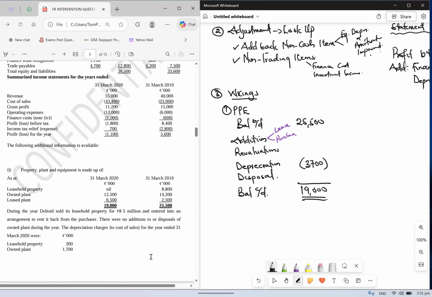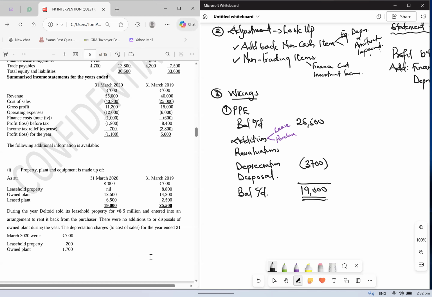What was the value of the freehold property itself? What was the carrying amount of the freehold property? The carrying amount. They sold the leasehold property. This is the leasehold property. This is how much it was. They sold it and entered into an agreement to rent it back from the purchaser.